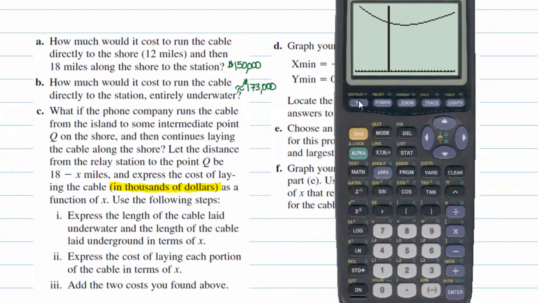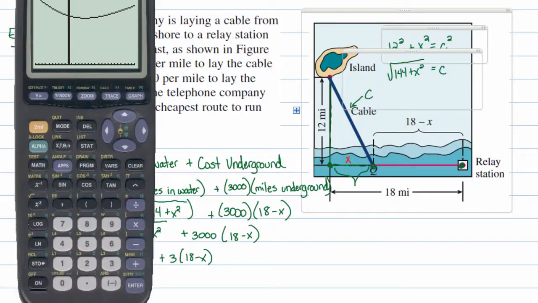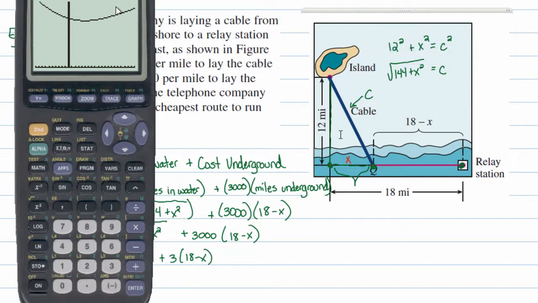Well, if we went directly to the shoreline, that means that we had, let me go to the previous page here to show you. And I have to move this stupid calculator back and forth, back and forth. Anyway, when we went directly to the shoreline, X was 0, right? Because that means that this distance shrunk up to be 0. So if X is 0, actually, let me plug in 0.